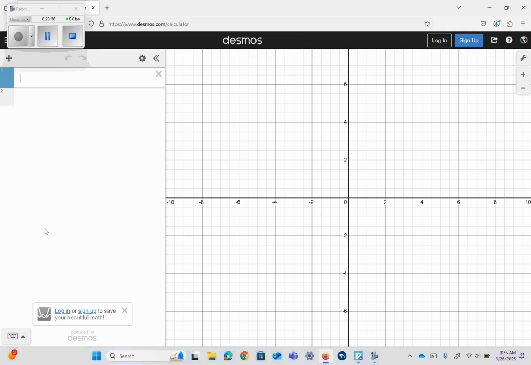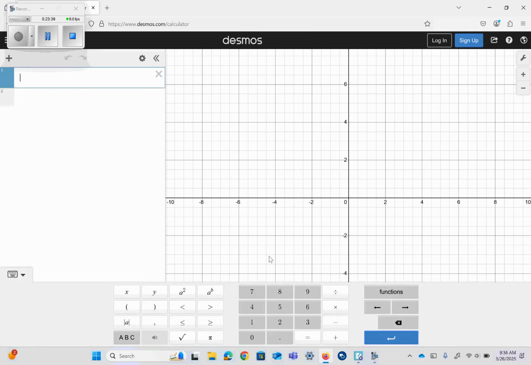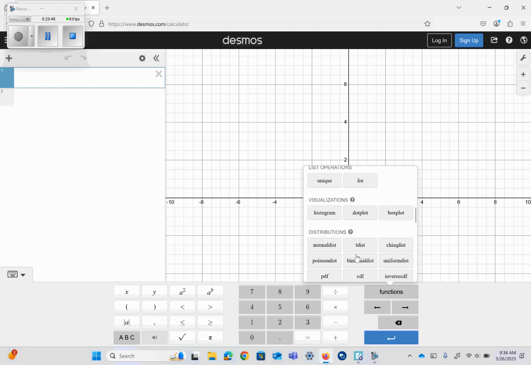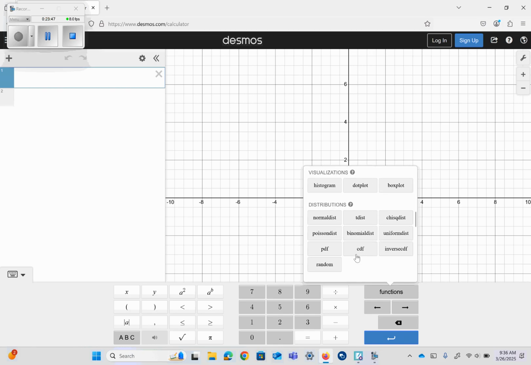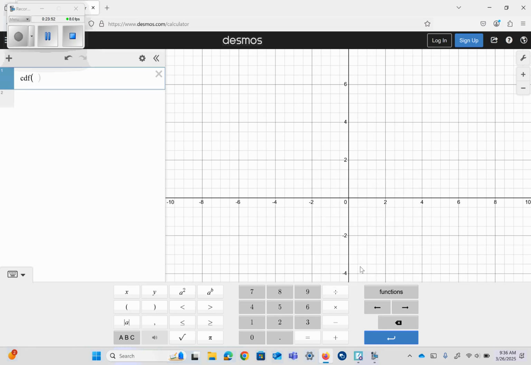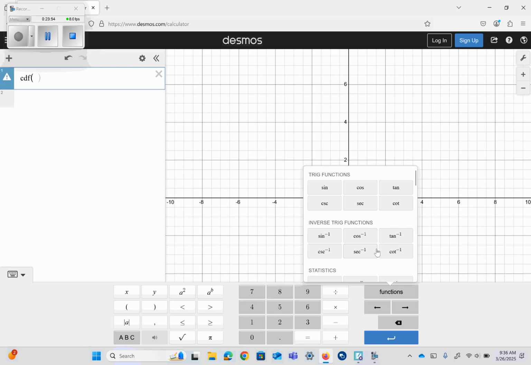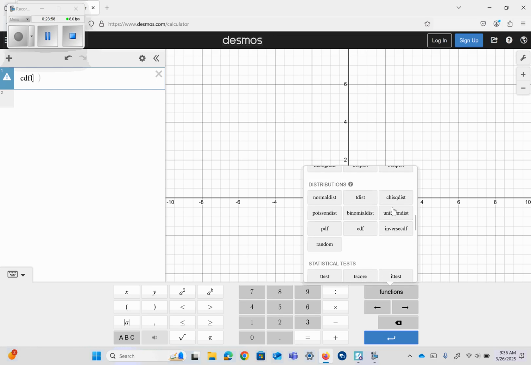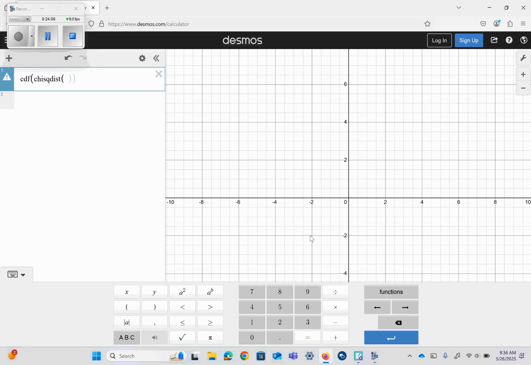All right, a few things to know. You go down here to functions. We want to figure out where the chi-squared is, so go down to your distributions. We've dealt with normal. We've dealt with t. Now we're going to do the chi-squared distribution.